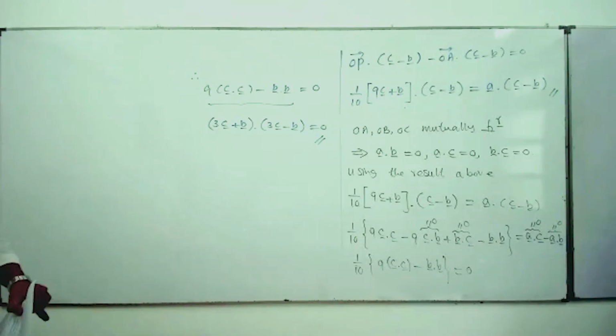Question number 5 says, in the rectangle ABCD, AB is 4 meters, BC is 3 meters, and the angle at B is 90 degrees.